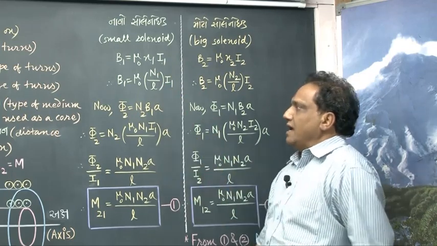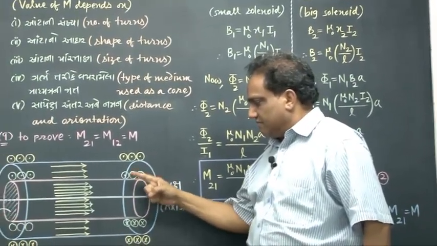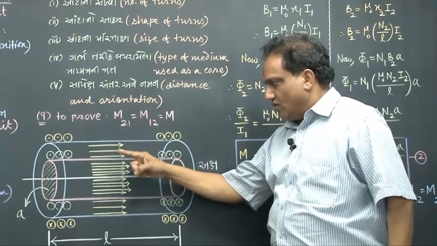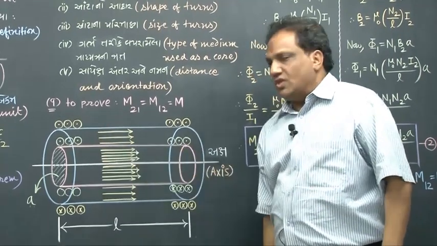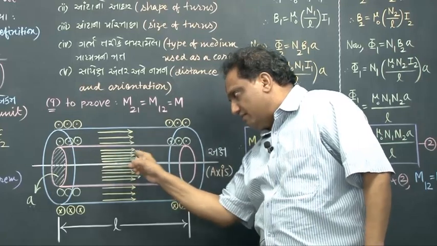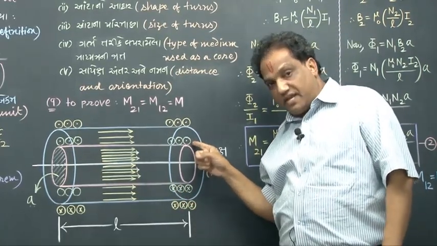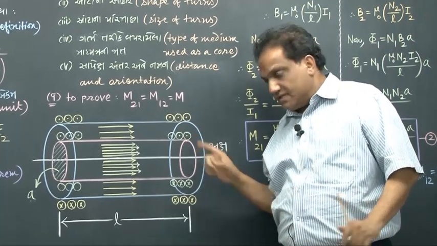Because you are passing current through the winding of the small solenoid, you are going to get a magnetic field inside the small solenoid. This is the symbolic presentation of winding. Can you recognize?